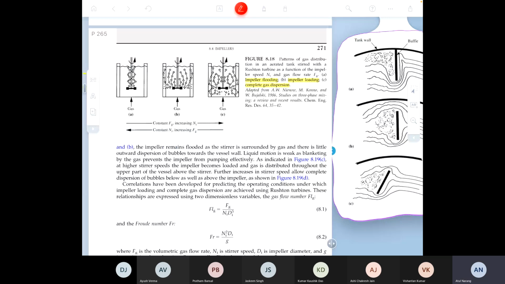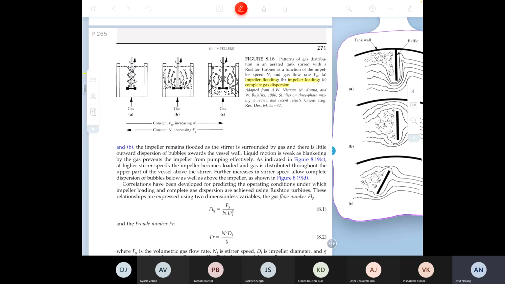You just invert it by keeping the impeller speed fixed and increasing from a very low gas flow rate to a very high gas flow rate, and you move from the right to the left. So gas flow rate and impeller speed have inverse effects. High gas flow rates cause flooding, and high impeller speeds give you complete gas dispersion.